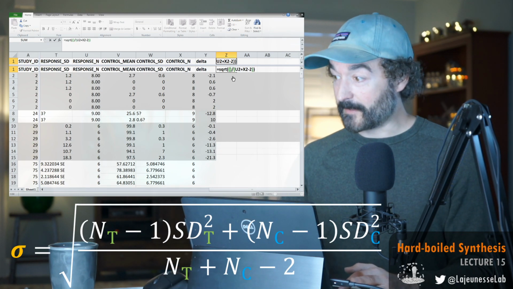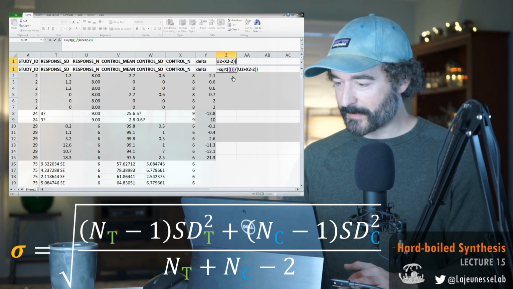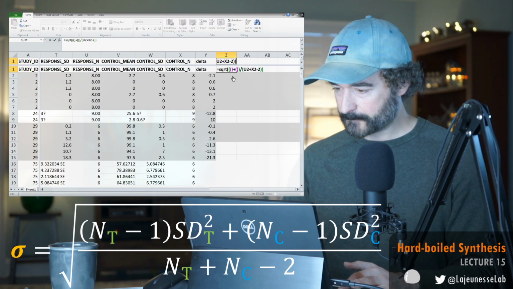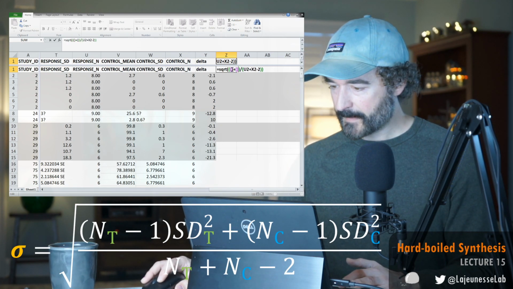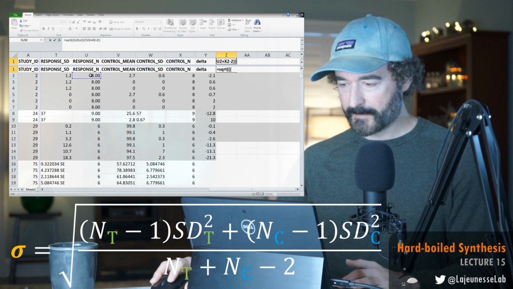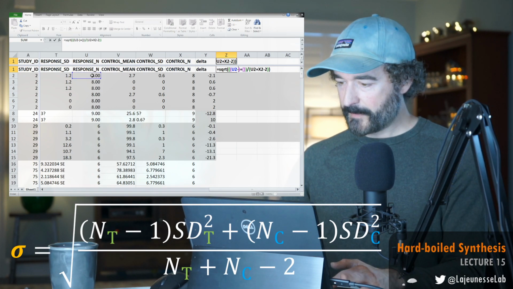I've got my notes here on the side because I don't really know these equations by heart. You'd think after all these years I do, but I don't. Right, now throw in the sample size of the treatment.